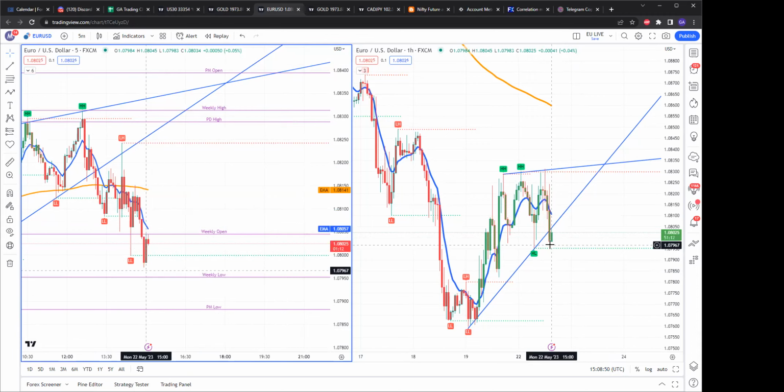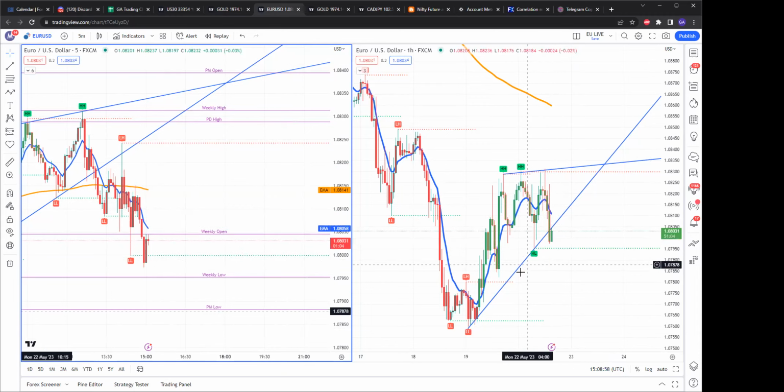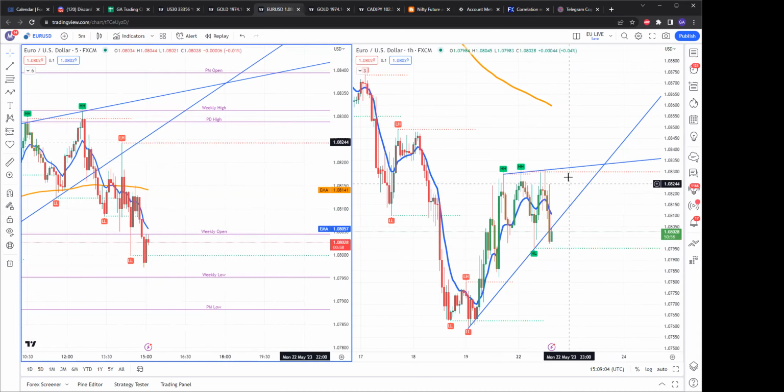For any sells on EU, you need to wait for the current 1 hour candle to close. If it closes below this static trend line, then you can look for a sell. But this hourly candle can easily shoot up and close above this trend line. So right now, this is a quick chance to grab a quick sell on EU, but I would say go for like 10 pips.